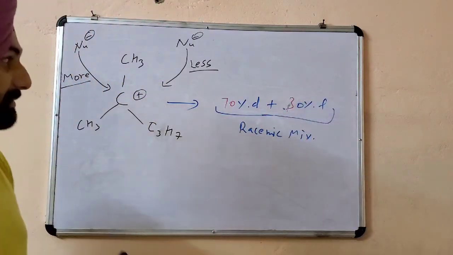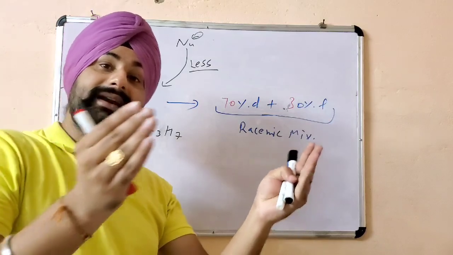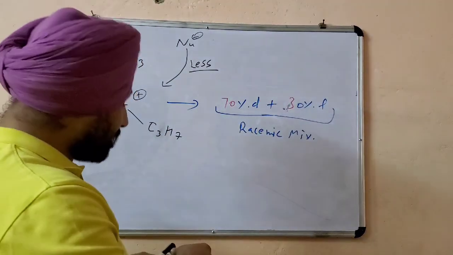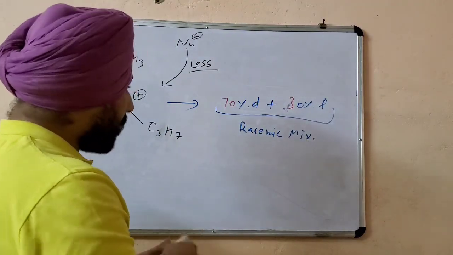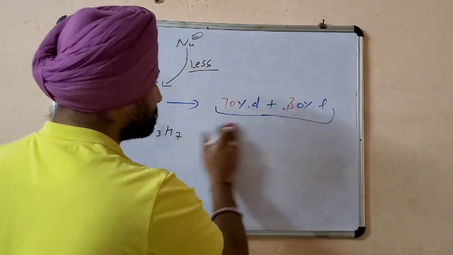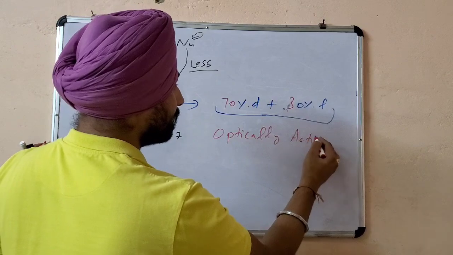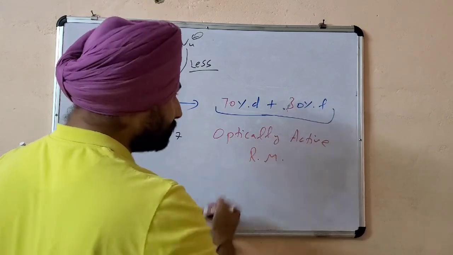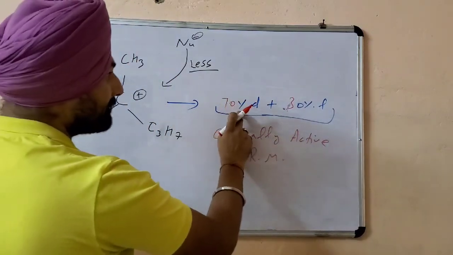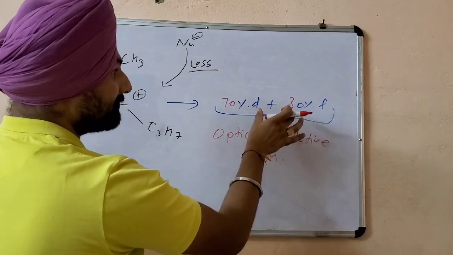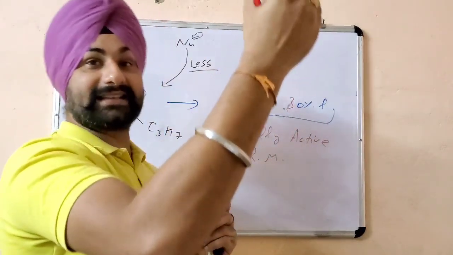Now it is a racemic mixture because a mixture of D and L forms is a racemic mixture, but which kind? It is an optically active racemic mixture, because 70% D, 30% L. The difference is a 40% D excess, right?